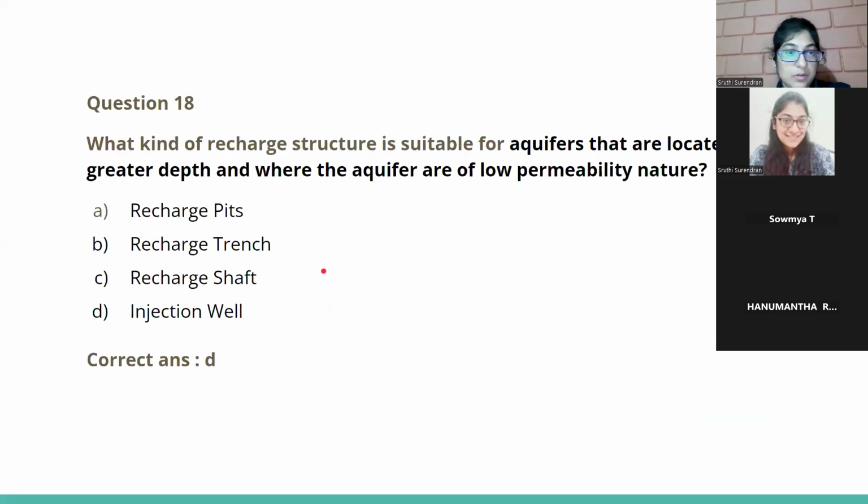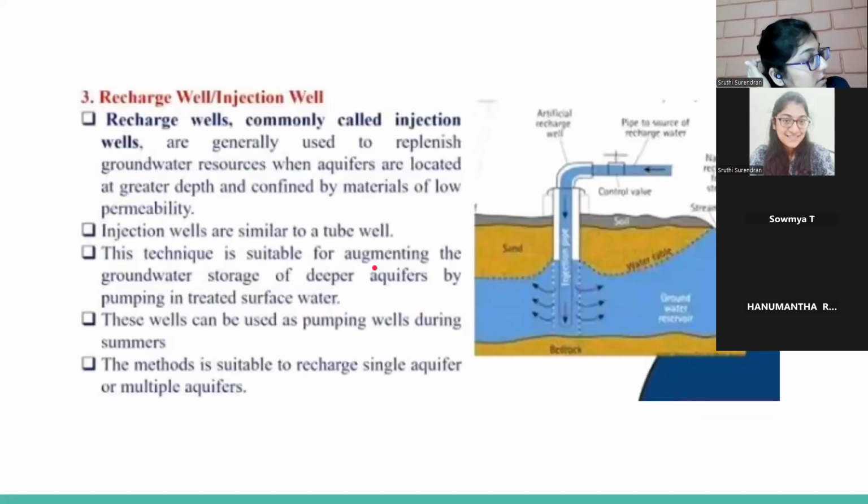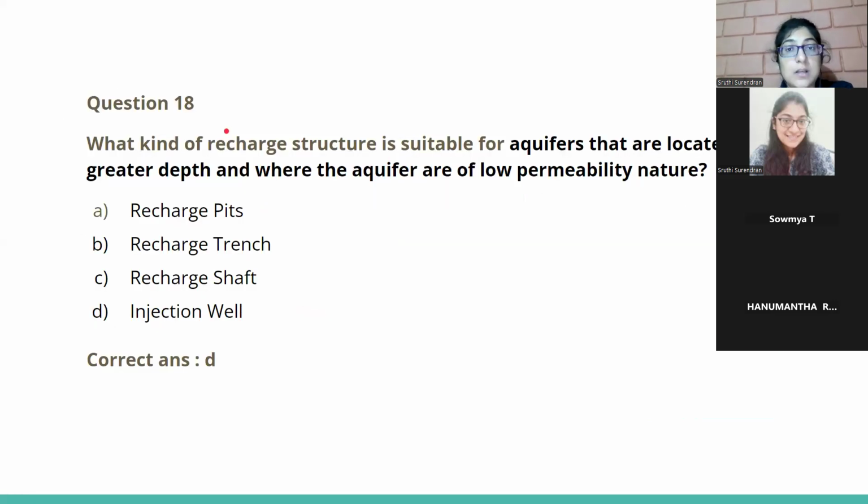So the correct answer is option D, injection well. I just now talked about it. For single or multiple aquifers, and if the aquifers are at greater depth, then the suitable method is a recharge well or an injection well. The question asked is what is suitable for aquifers that are located at greater depth. Also, another condition is the aquifers are of low permeability nature. Then you can use an injection well.